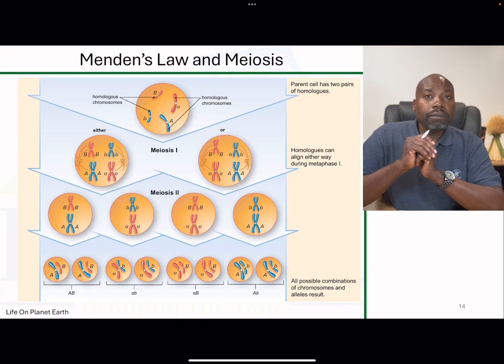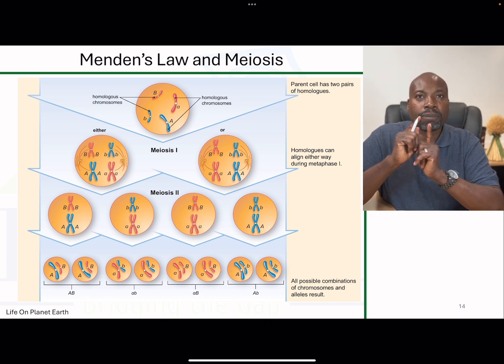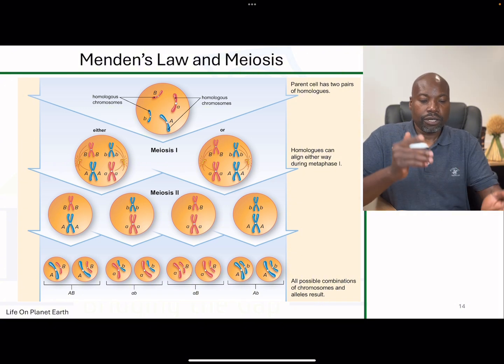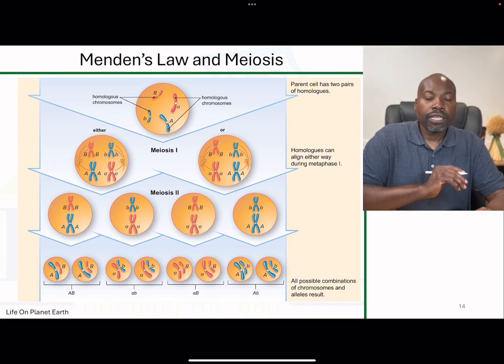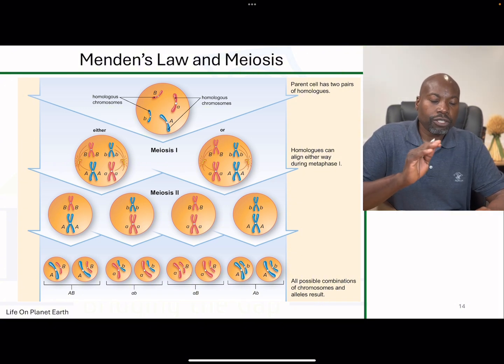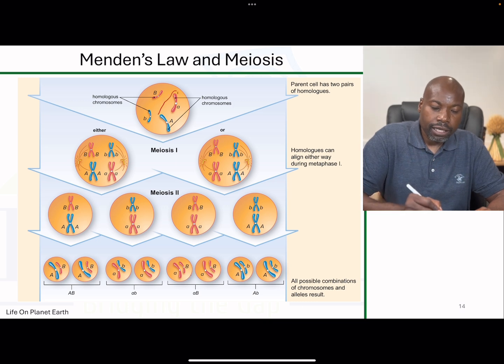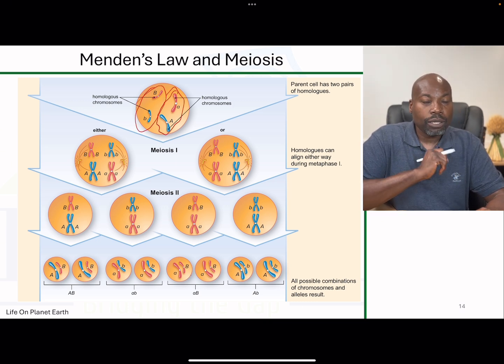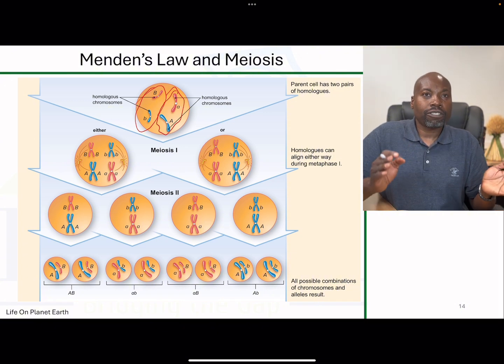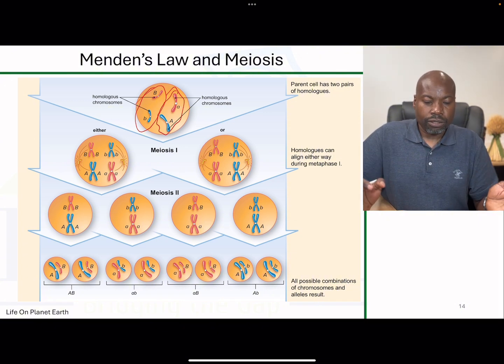So now let's take a look at meiosis from the perspective of Mendel's laws. So we are starting with two pairs of chromosomes, right? This is one pair and this is another pair. And let's see what happens with the two pairs of chromosomes during meiosis, right?